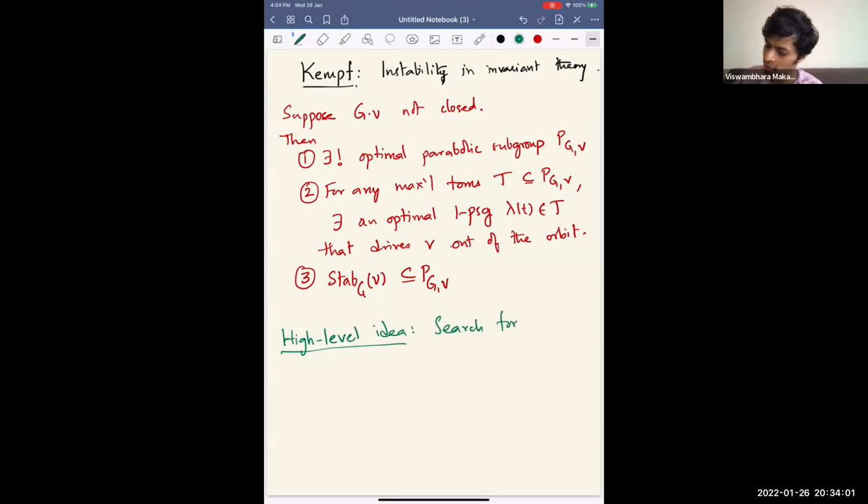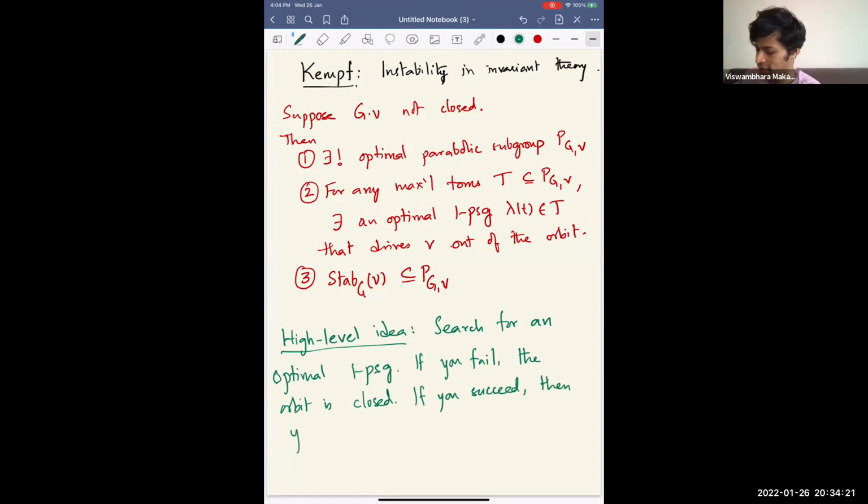Search for an optimal one parameter subgroup. If you fail, the orbit is closed. If you succeed, then you verifiably know that the orbit is not closed.